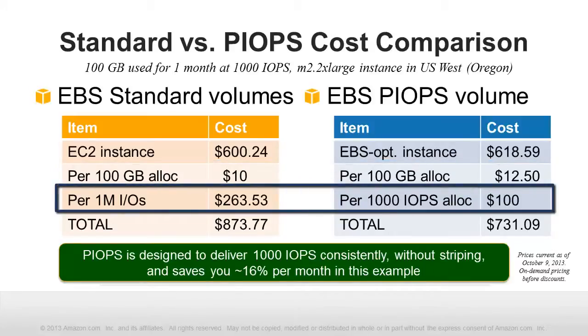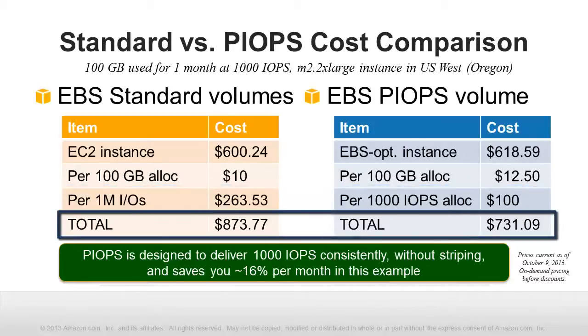But the I/O charge is much lower for PIOPS. Instead of EBS standard's $260 charge for I/O performed, PIOPS charges only $100 for IOPS provisioned. The result is an overall cost savings of about 16% for PIOPS. The cost advantage of PIOPS over EBS standard rises as the workload increases.